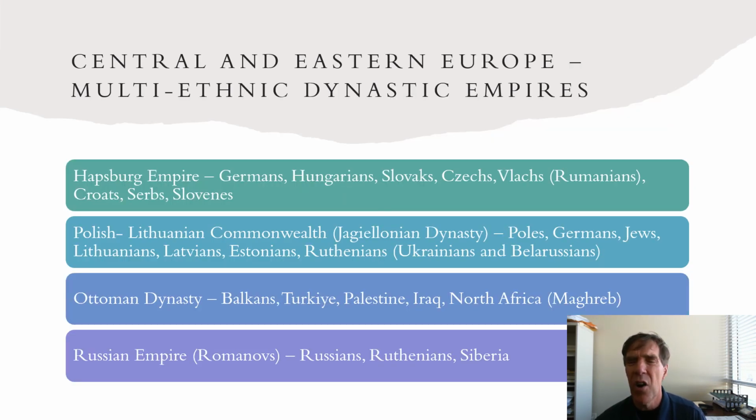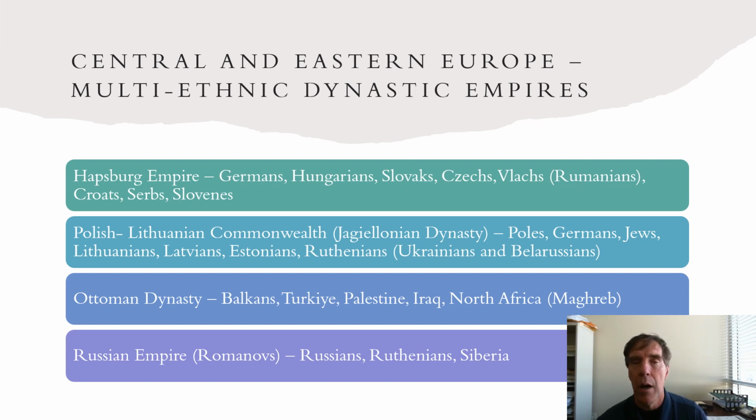And then also, when you study the 17th century, you can contrast the nation states that arose in Western Europe, such as England, France, and Spain, with the development of multi-ethnic empires ruled by a ruling dynasty.